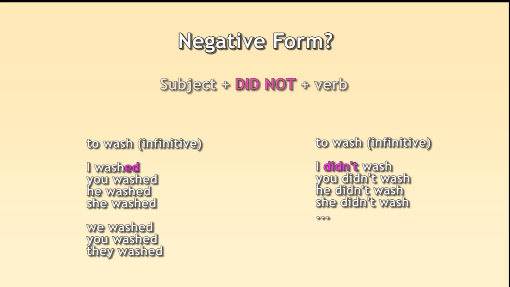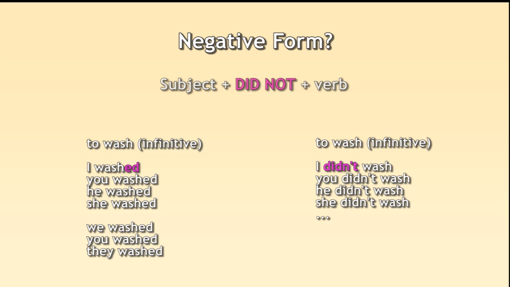And now let's look on a full screen table the conjugation of the negative form. We have already mentioned the formula. Subject plus did not plus verb, and here is the performance on the right side with the verb of choice to wash in the infinitive, and the past tense goes like this.